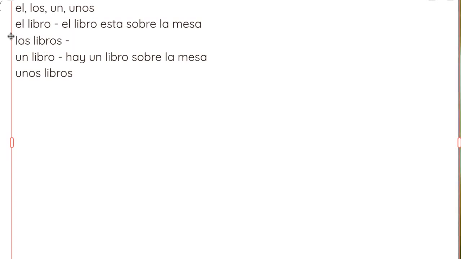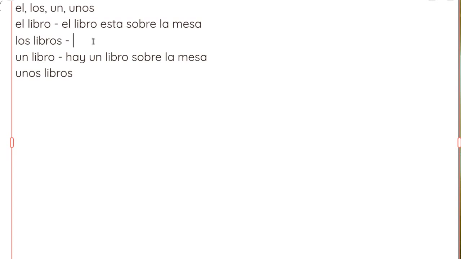So, el is masculine, singular. The same, masculine, but plural, more than one. This one is singular, masculine, and this one is masculine, plural, right?